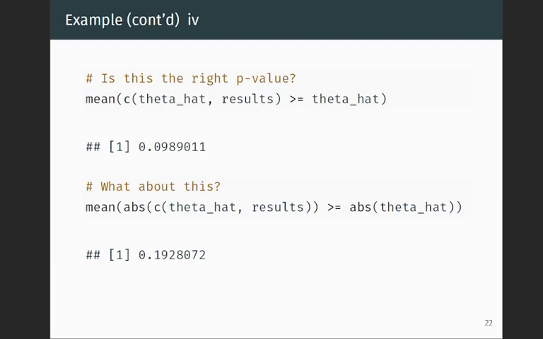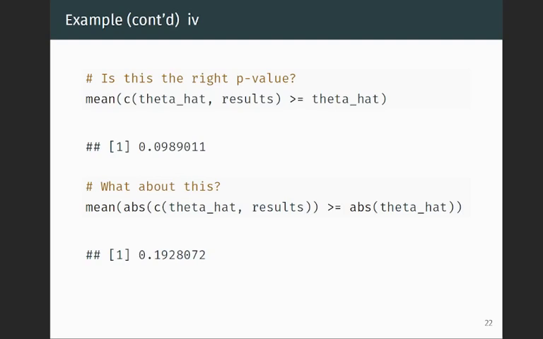We could, of course, compute a two-sided p-value, which is probably more common, especially for a difference in means. And we could do this using absolute values. So now I'm taking the absolute value of C theta hat comma results, and I'm comparing it to the absolute value of theta hat. And now you can see that the p-value is about 0.19, which is not quite twice the one-sided p-value, right?